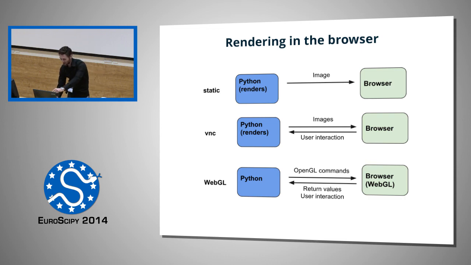This is a Gloo example, so we're actually using OpenGL directly in the IPython notebook. So this is basically the center way of doing an IPython backend.